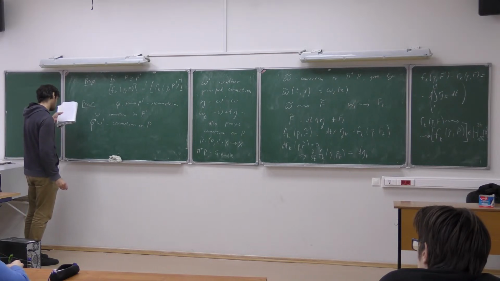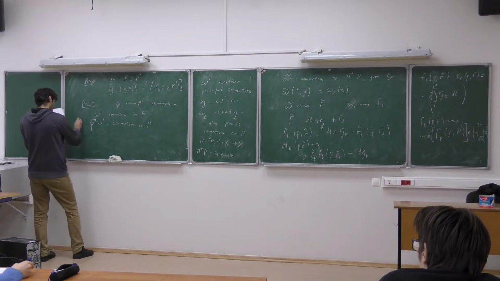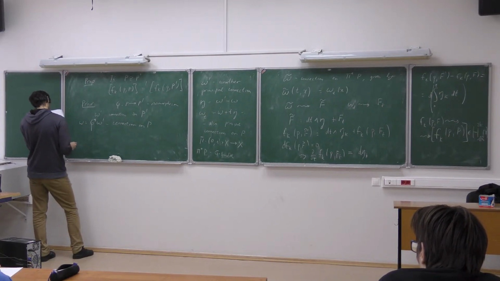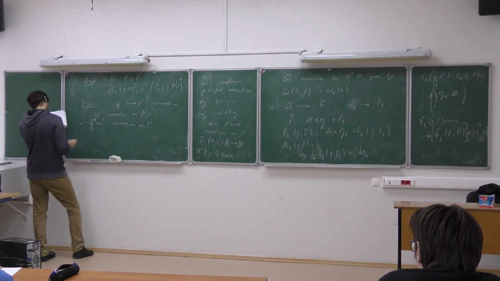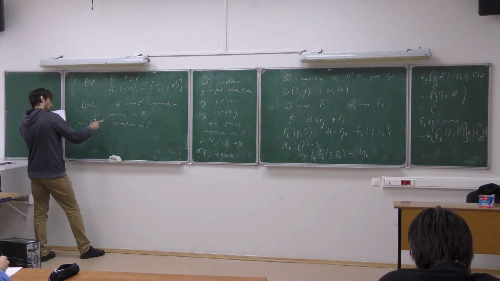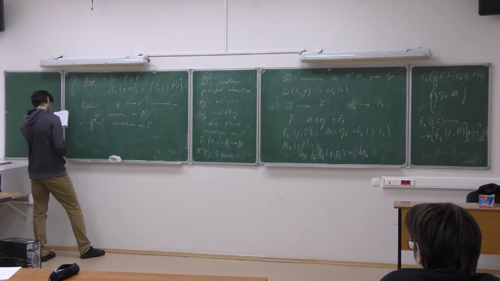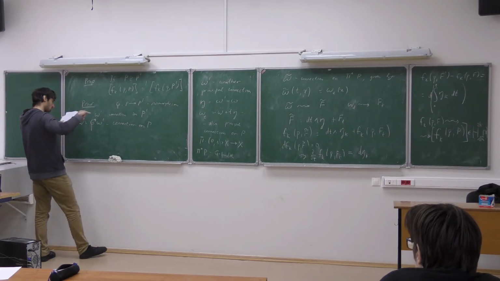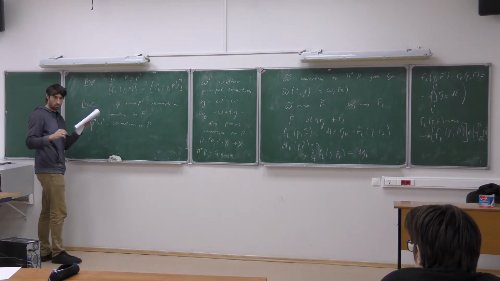This is one thing, so let me denote it by omega. And the other thing is that, again, since my connection on P is defined from the connection omega prime, my horizontal lifts are related accordingly.